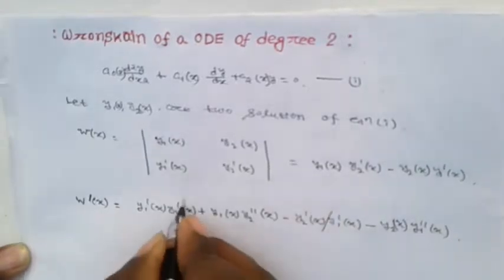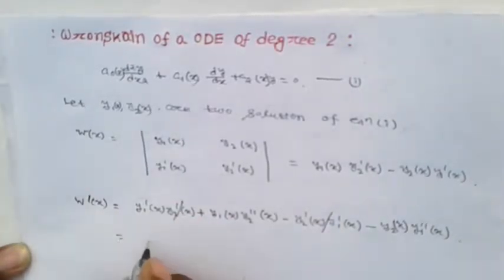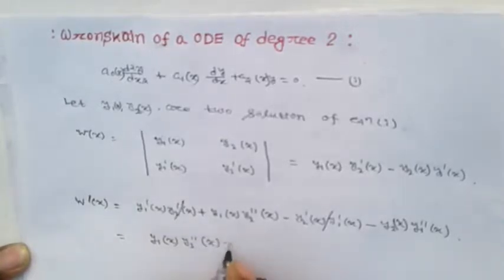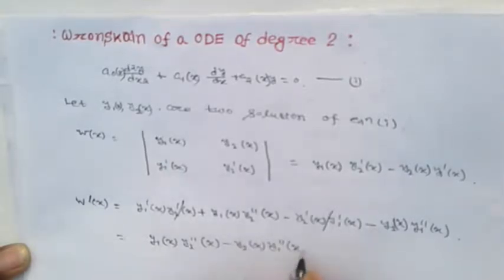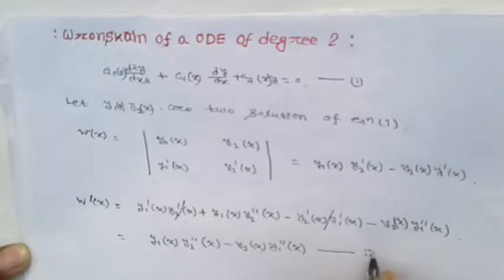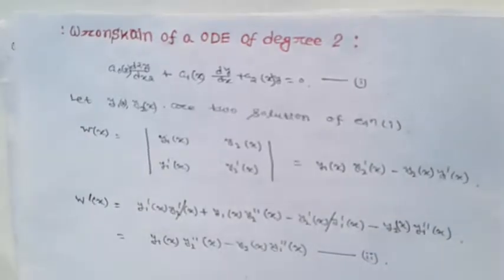Now these two terms cancel out and this becomes y1(x) y2''(x) minus y2(x) y1''(x), and call it equation 2.